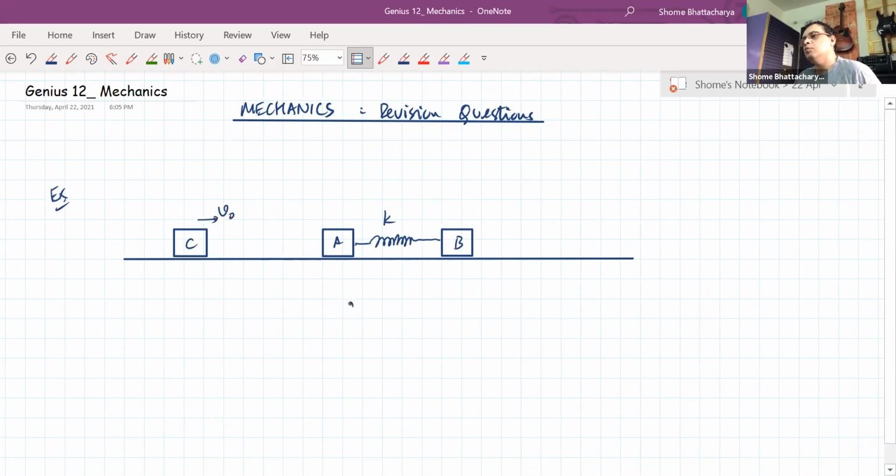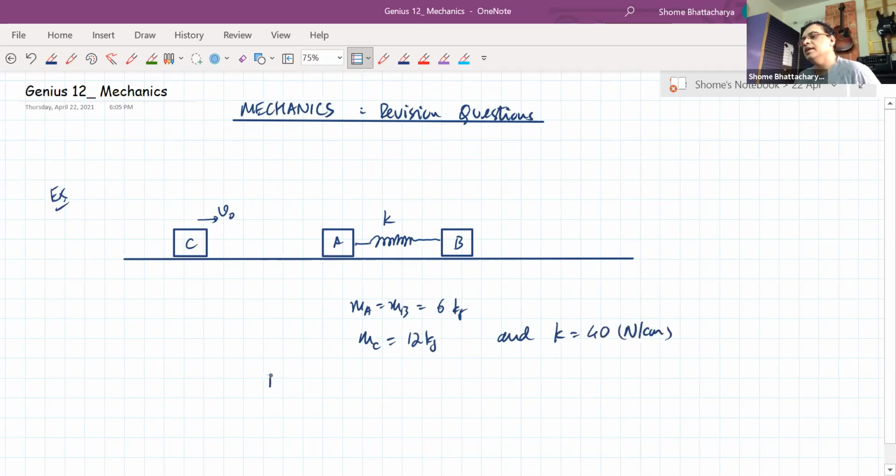Given that mass of A is equal to mass of B is equal to, let us say, 6 kilograms. Mass of C is double, it is 12 kg. And the spring has a spring constant of, let us say, 40 newtons per centimeter.